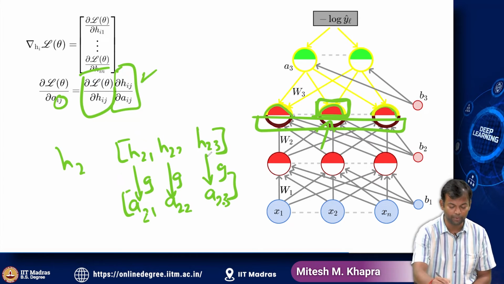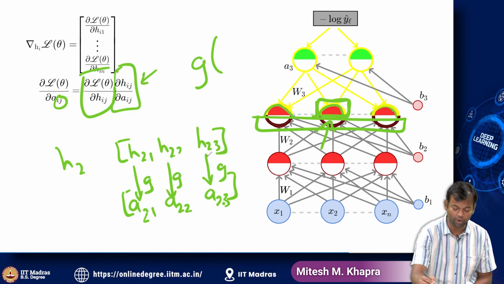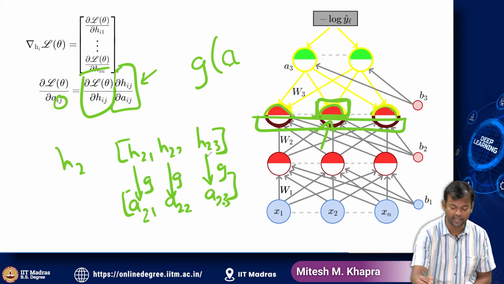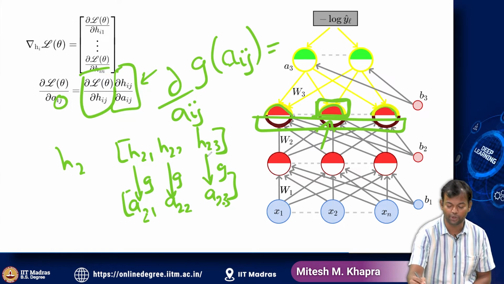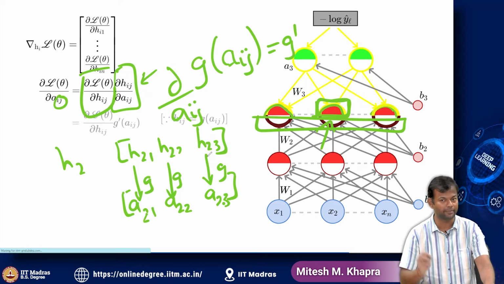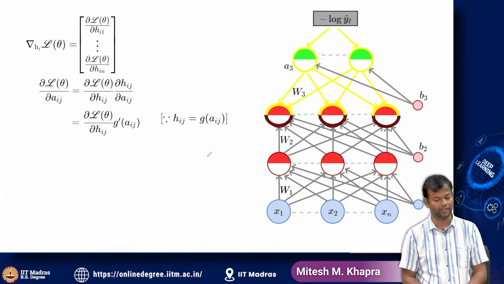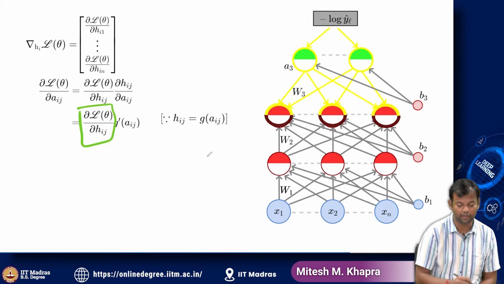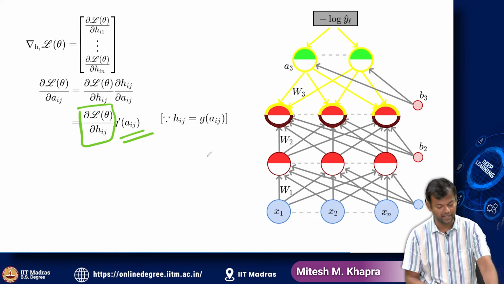So if I am trying to compute the derivative of hij with respect to aij, it's just the derivative of this g function that I had used. So I am just going to call that g dash, because it could be any function, but I am just taking the derivative. So this is what it looks like. This guy I have already computed. This is just g dash of aij.